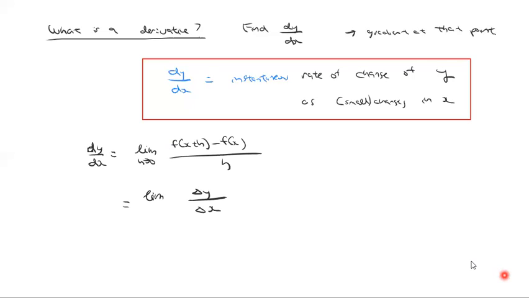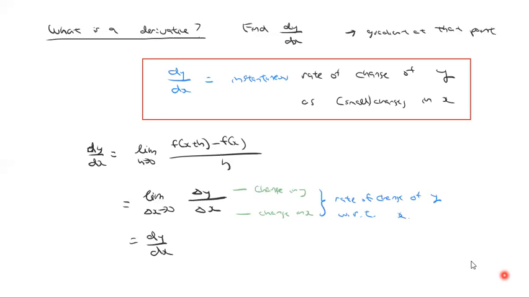You can go back and look at what we talked about before with our first principles, as delta x approaches 0, and this is simply written as dy dx, and that represents change in y over change in x, and therefore the quotient of that is the rate of change of y with respect to x. Is that clear? Yeah. Good.